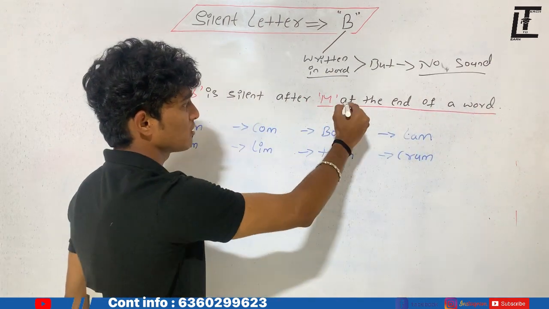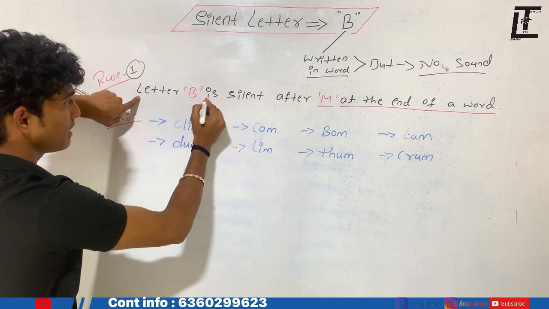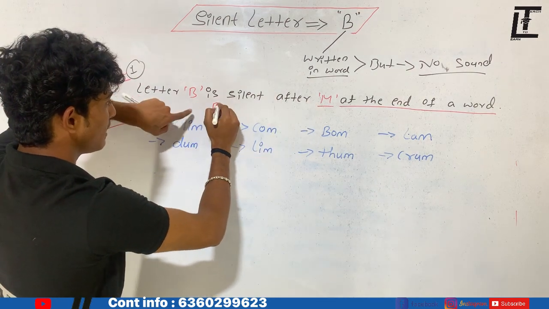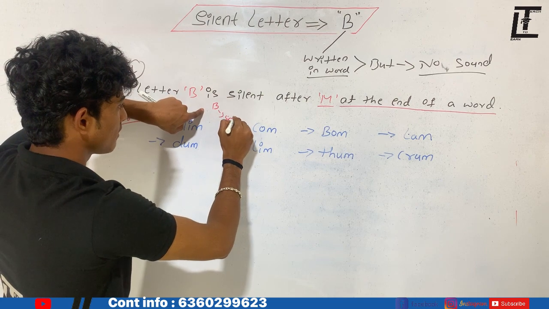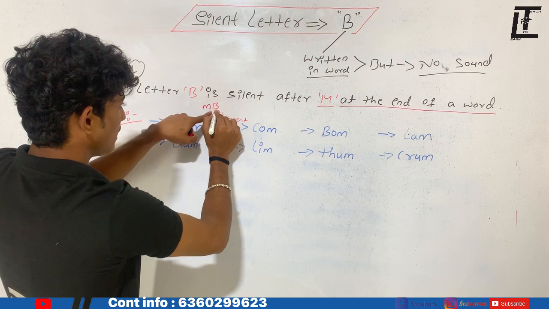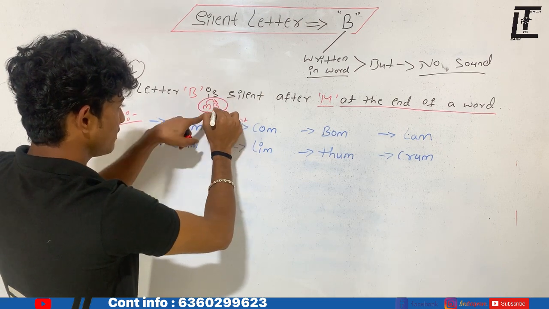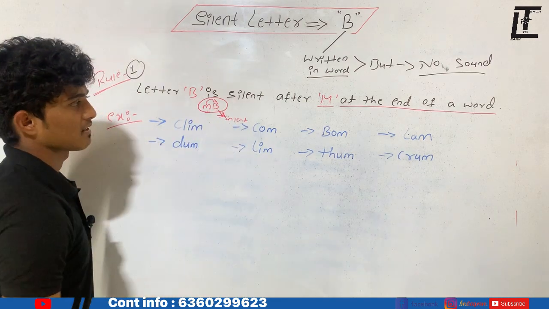Firstly, I'm going to make it clear that letter B is silent when it comes after M. In this case, letter B is a silent letter.